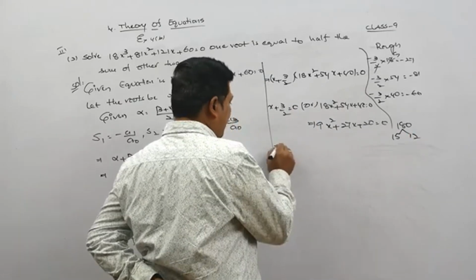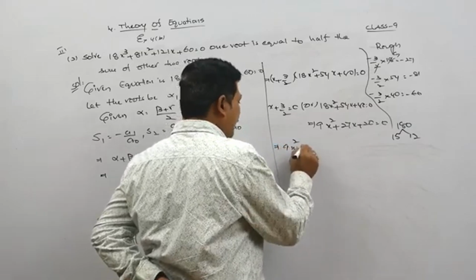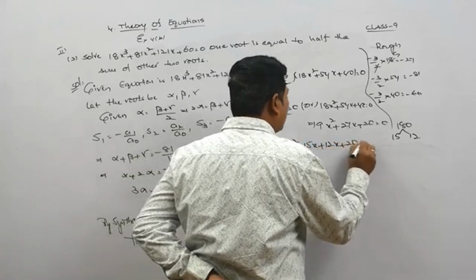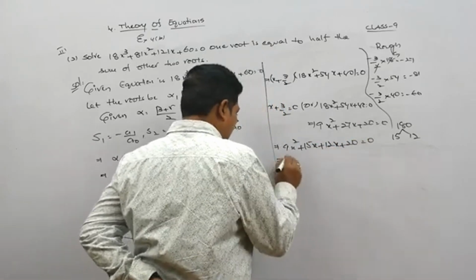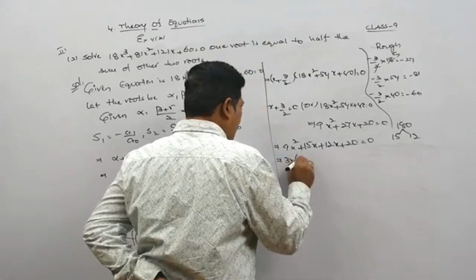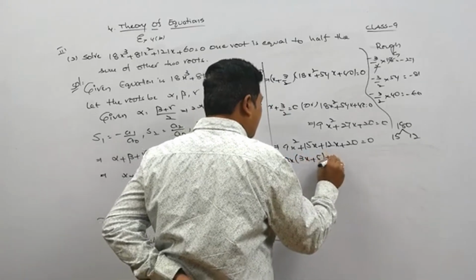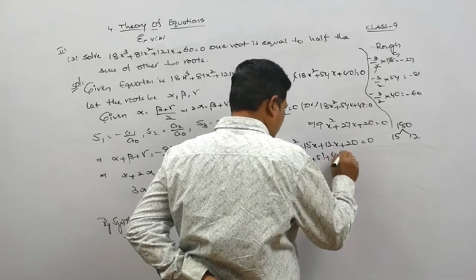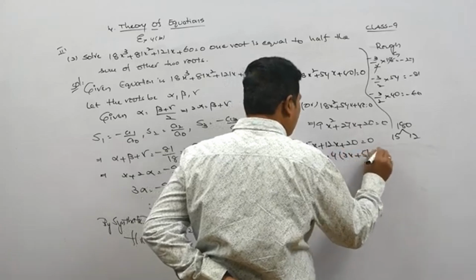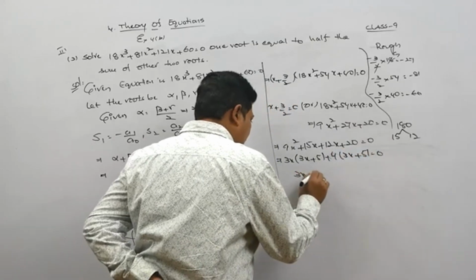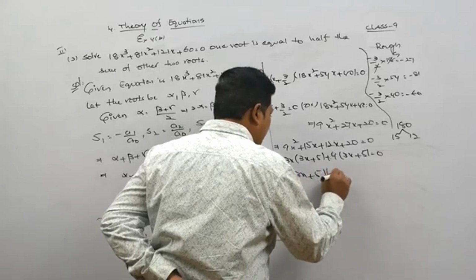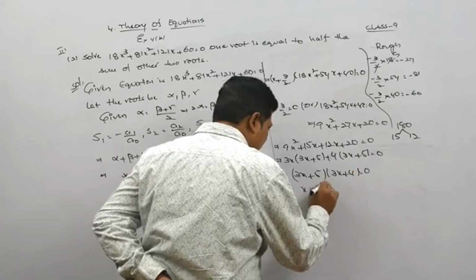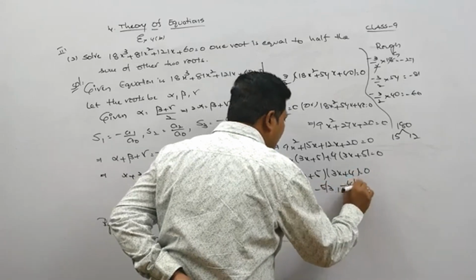Now this implies 9x square plus 15x plus 12x plus 20 is equal to 0. Taking common 3x, then 3x plus 5, and taking 4 common, 3x plus 5 is equal to 0. Again 3x plus 5 as common, then 3x plus 4 is equal to 0. Now x is equal to minus 5 by 3 comma minus 4 by 3.